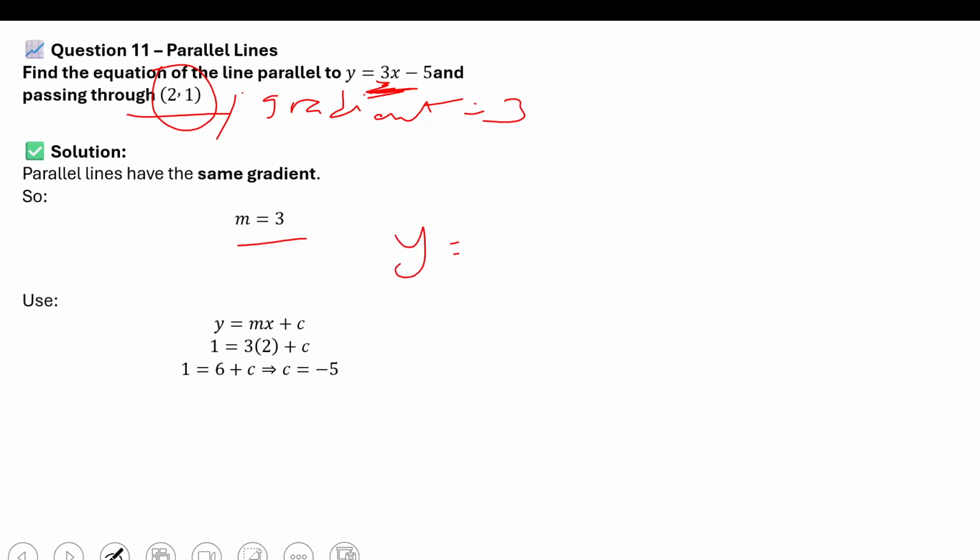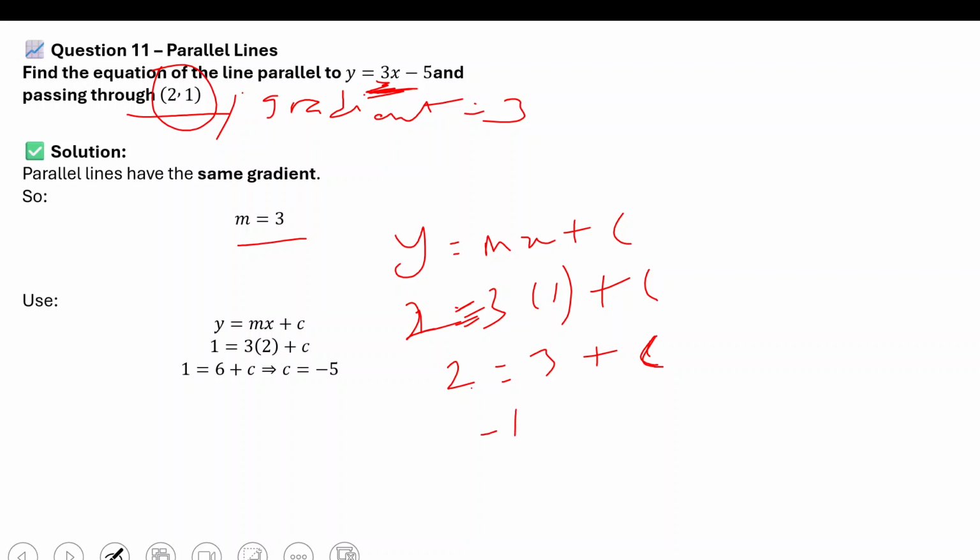So I just put it in the formula. Y is equals to mx plus C. I know that gradient is already 3. And y is given to us as 2, and x is given to us as 1, right? I'm just putting them in the equation directly. So plus C to get C, right? 2 is equals to 3 times 1 is 3 plus C, and C will be equals to minus 1.